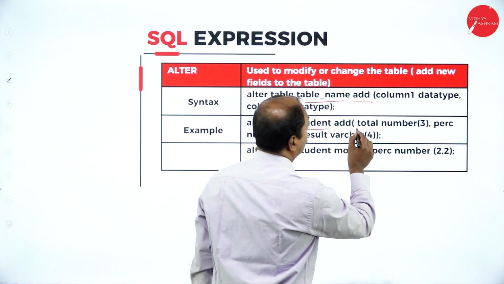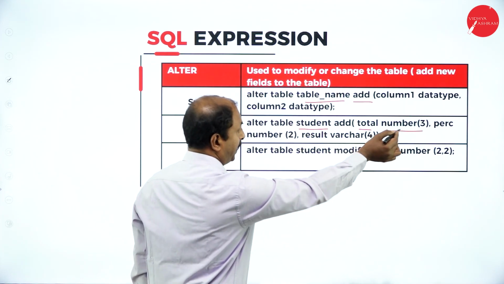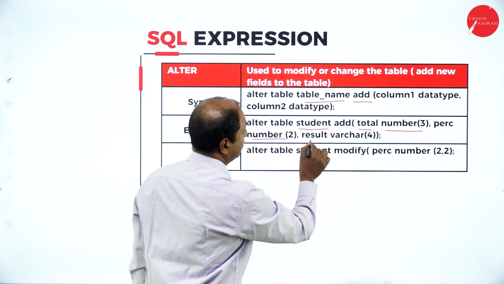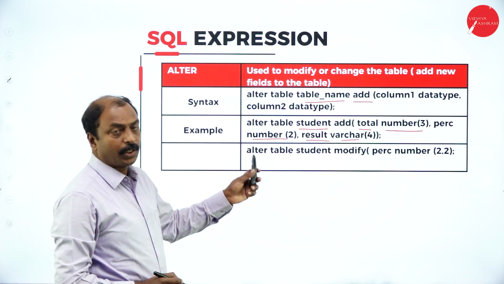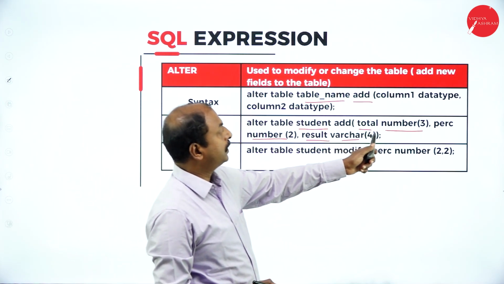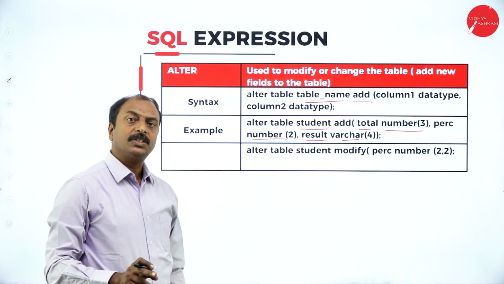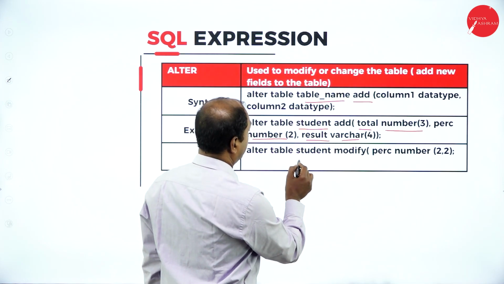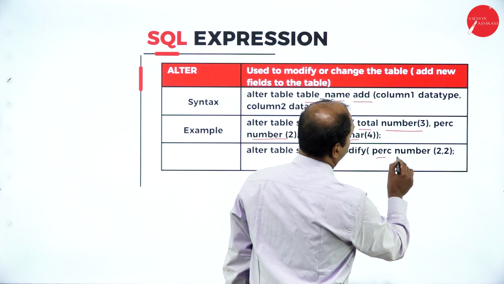One is total, and the data type is number; PERC for percentage, with the data type number; and result, again with a data type. So with the help of this, we are going to add these three columns, total, percentage, and result, into the existing table.